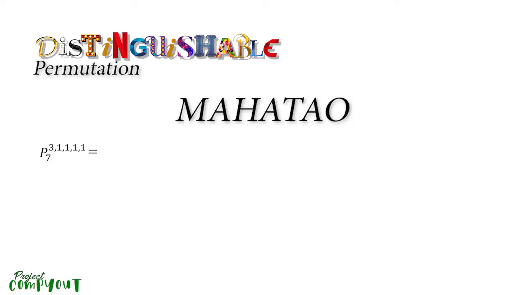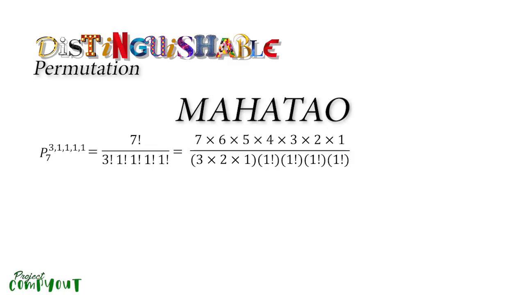And this is equal to 7 factorial divided by the product of 3 factorial, 1 factorial, 1 factorial, 1 factorial, and 1 factorial. Evaluating further, we have 7 times 6 times 5 times 4 times 3 times 2 times 1 divided by 3 times 2 times 1 times 1 times 1 times 1 times 1.